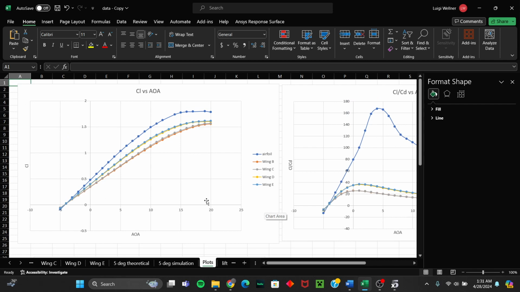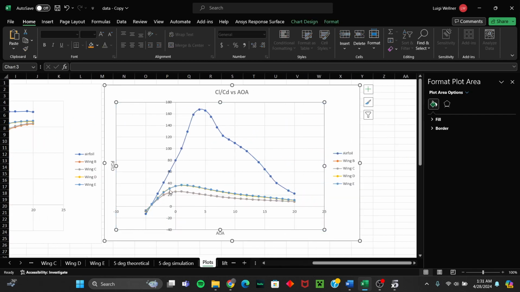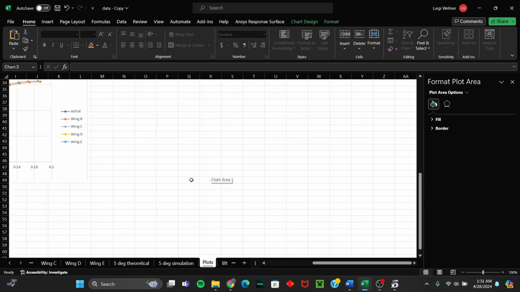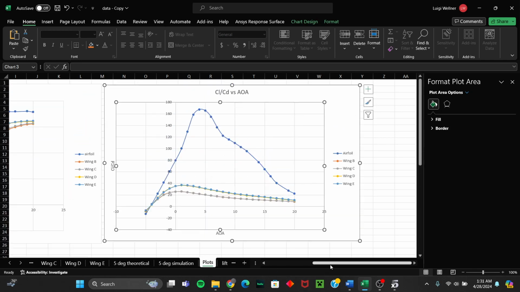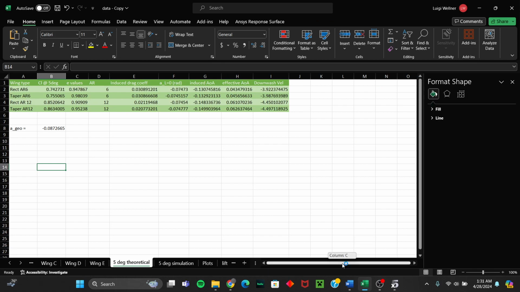As you can see, the graphs look pretty accurate. And for CL/CD, lift coefficient over drag coefficient with respect to angle of attack, that's the value as well. And then to find the theoretical values for the wing, I basically took the lift coefficient at 5 degrees, and then I found the efficiency values for the taper ratio.